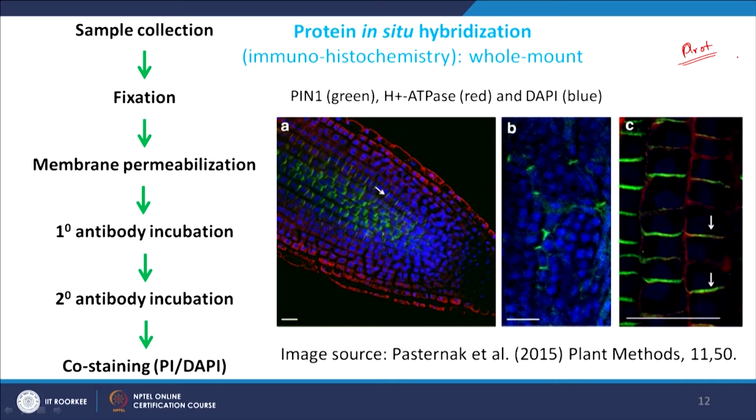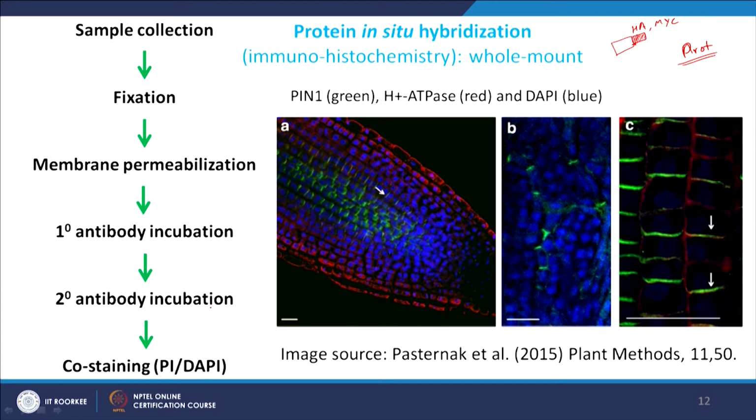If you do not have an antibody against a particular protein of interest, then you can tag the protein. You can tag your protein with some tag, for example an HA tag, MYC tag, or any kind of tag, and then you can use an antibody against the tag to detect the protein localization. And then there are two ways.